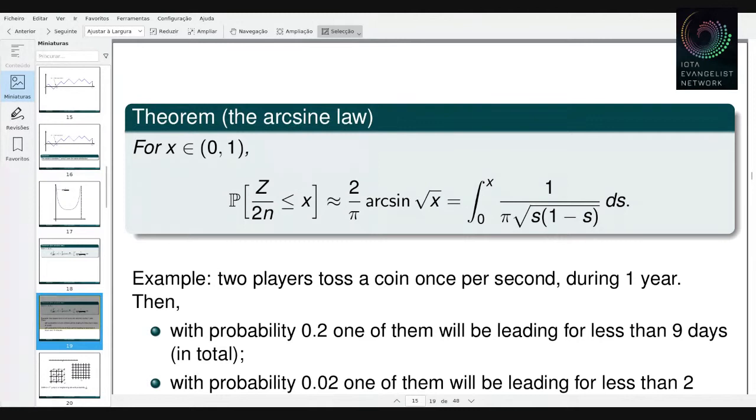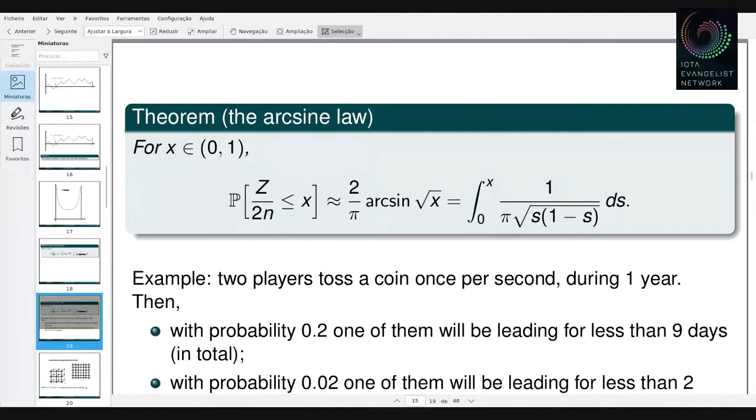And with probability approximately 2%, which is again small, but not very small, one of them will be ahead in the score for less than 2 hours and 10 minutes. And the other one will be ahead for almost the whole year.